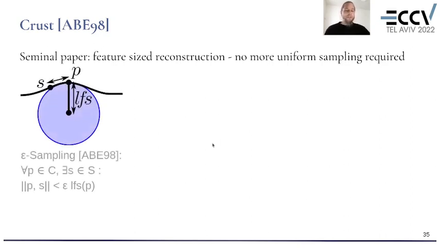So to recall the definition of epsilon sampling given in the first part of this session, any point p on the curve has to be within a certain distance of a sample, and the distance is an epsilon fraction of the local feature size at that point. Local feature size is the distance of a point on the curve to its closest point on the medial axis.